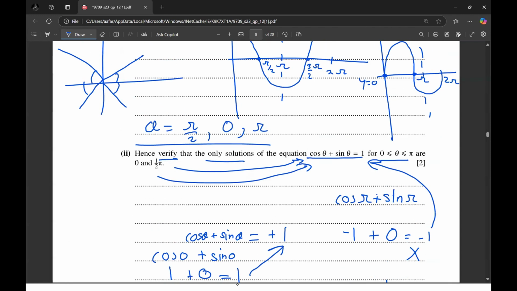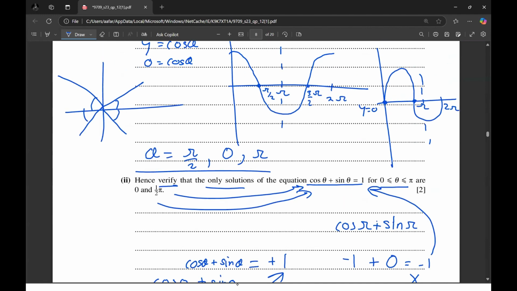Okay. So basically, when the question says verify, verification means to just test, to check if what the question says is true. So they told us to verify that the only solutions of the equation cos theta plus sin theta is equal to 1, for theta bigger than 0 and smaller than pi, are 0 and pi over 2.